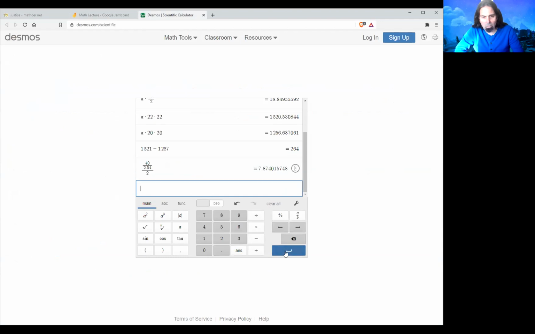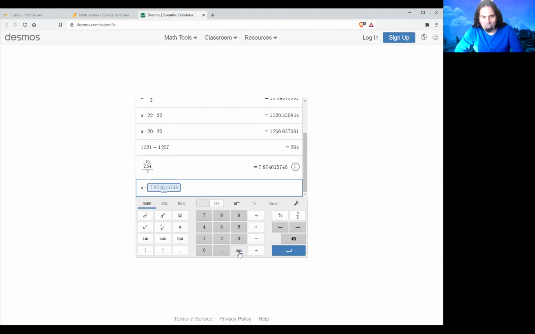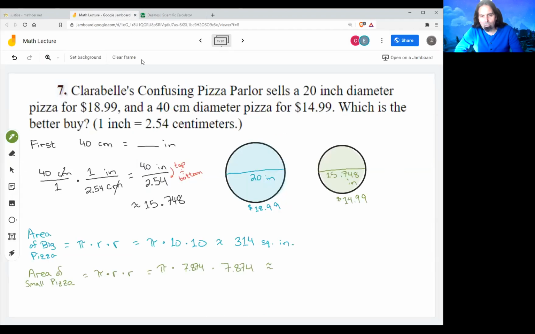So we want pi times that answer squared, which is about 195. Now I am rounding to the nearest square inch because this is pizza. Pizzas aren't perfectly circular. I have worked at a pizza shop before. That was a great summer job in one of my high school years.